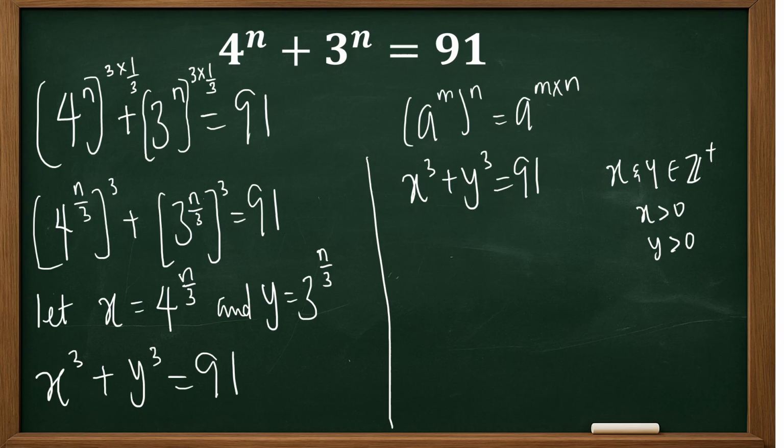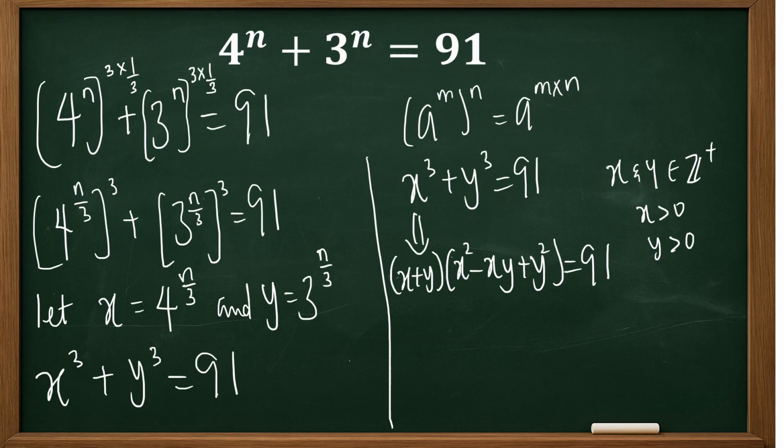So we have this condition intact. Now here we have x cubed plus y cubed, which is the same thing as saying x plus y times x squared minus xy plus y squared equals 91. These two equations are equivalent.